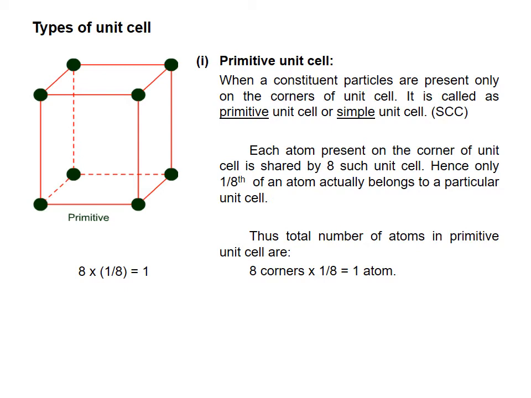Each unit cell has 8 such corners, and each corner has 1/8 part of an atom. Hence, the unit cell has 8 times 1/8, which equals 1 atom. Thus, the total number of atoms present in the primitive unit cell is 1 atom.